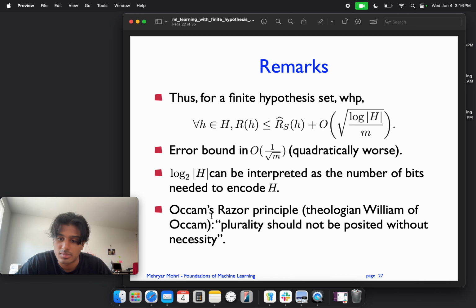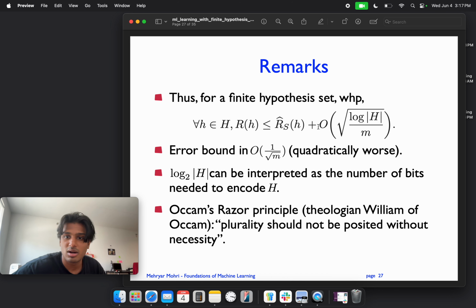But Occam's razor principle says that you can keep increasing the number of hypotheses that you have, start throwing more and more things into it, but that can make things worse, because as you throw more and more complex functions into this, you're increasing the number of hypotheses and the log term is increasing.